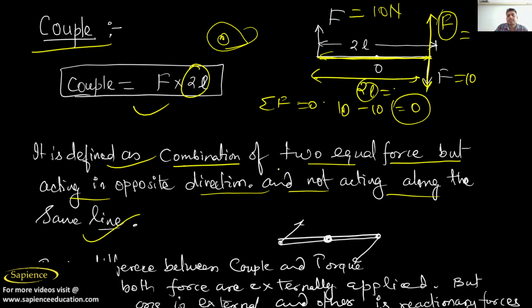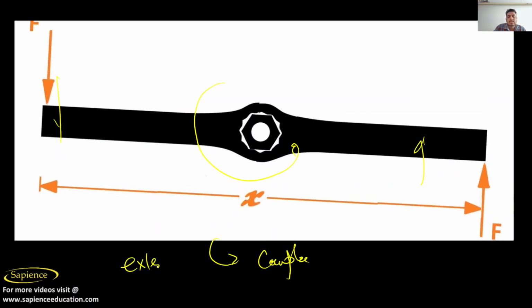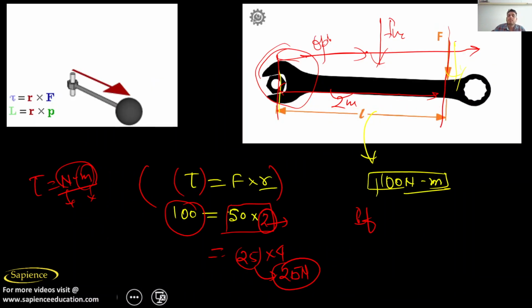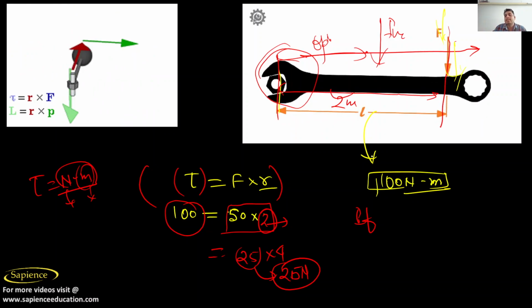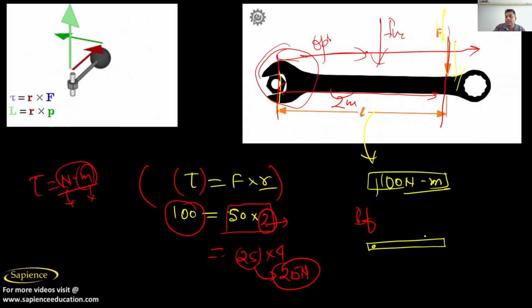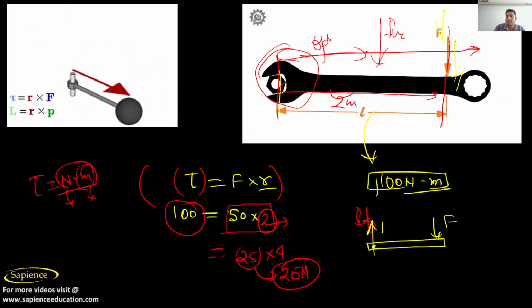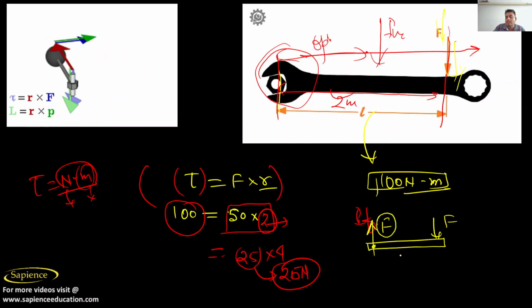Now basically the difference between couple and torque is that in a couple both forces are applied externally. But in a torque, see here, externally only a single force is applied. But you know that if you apply a force externally in this direction F, there is also a reactionary force, equal and opposite, which acts automatically from the object.